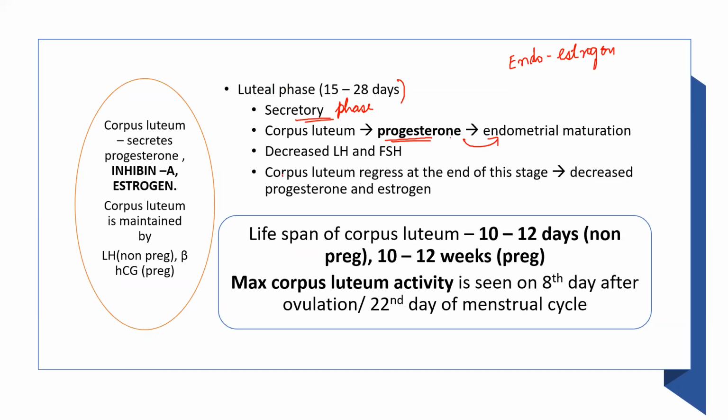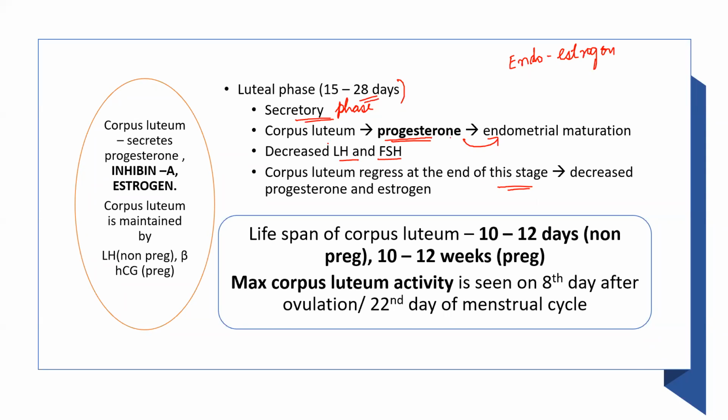Now, in this particular phase, both LH and FSH are decreased. The work of LH, causing the ovulation, is over. Now the corpus luteum regresses at the end of this stage.